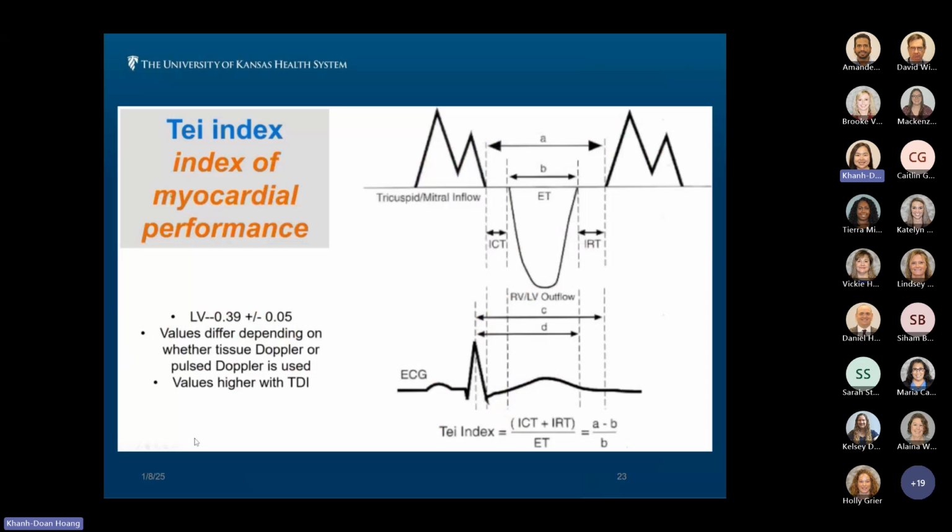Okay, so then, you measure the time interval between the mitral valve closure here and opening here. So that's interval A. And then you measure the time interval between aortic valve opening here and closure here. So that's interval B, and that's known as ejection time.